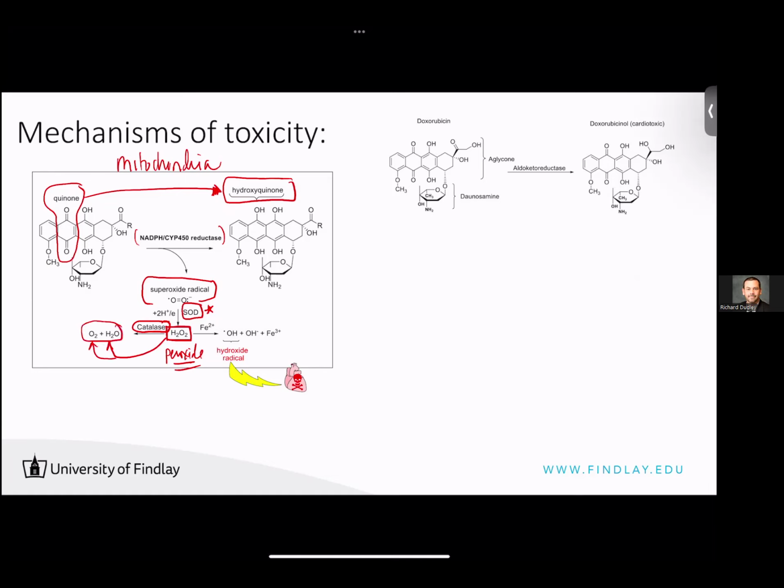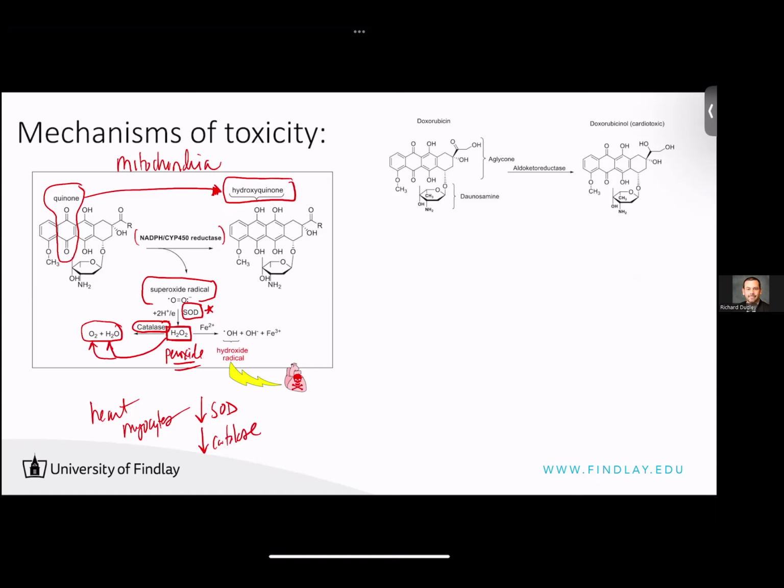So this is a very nice, elaborate system whereby the cells can detoxify superoxide radicals. Now, what if I tell you that the heart, the myocytes in the heart in particular, have decreased superoxide dismutase and decreased catalase?